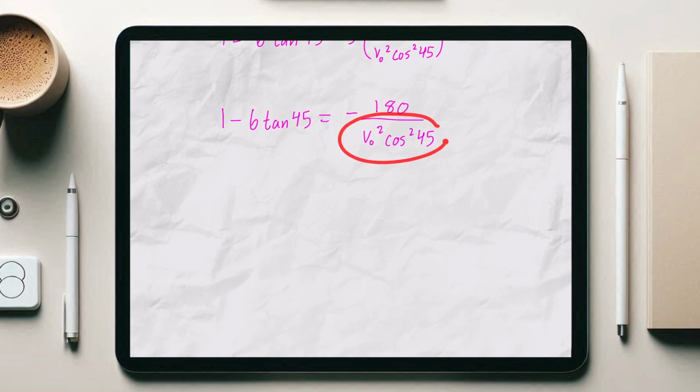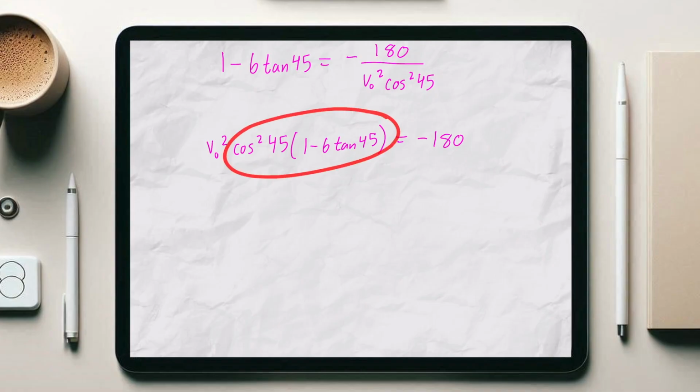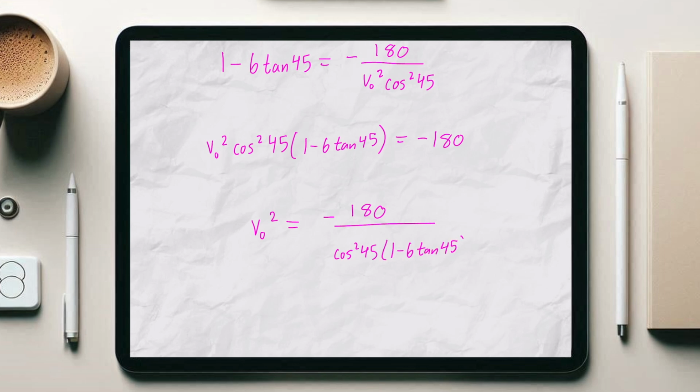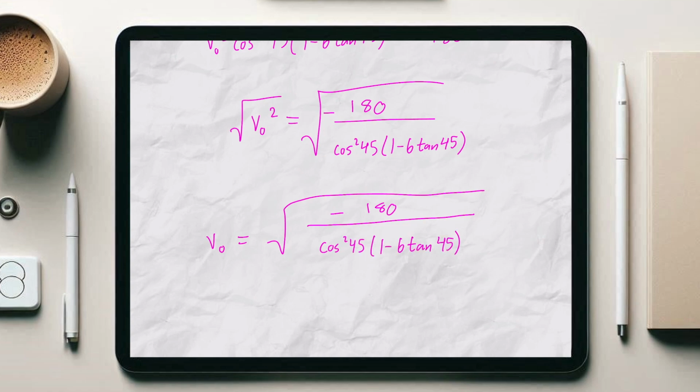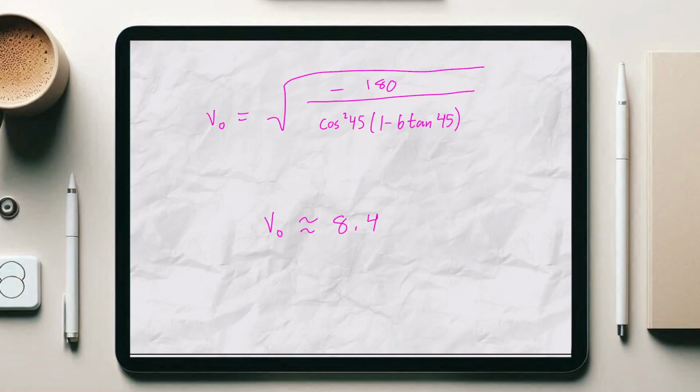Next up, I'm going to multiply this expression by each side. And to finally isolate V0, I'm going to divide each side by this mess right here. And lastly, we need to take the square root of each side. The last thing that's left to do is throw this crazy expression in a calculator and figure out our initial velocity. And after we do all that, we see that the initial velocity should be about 8.49 meters per second.